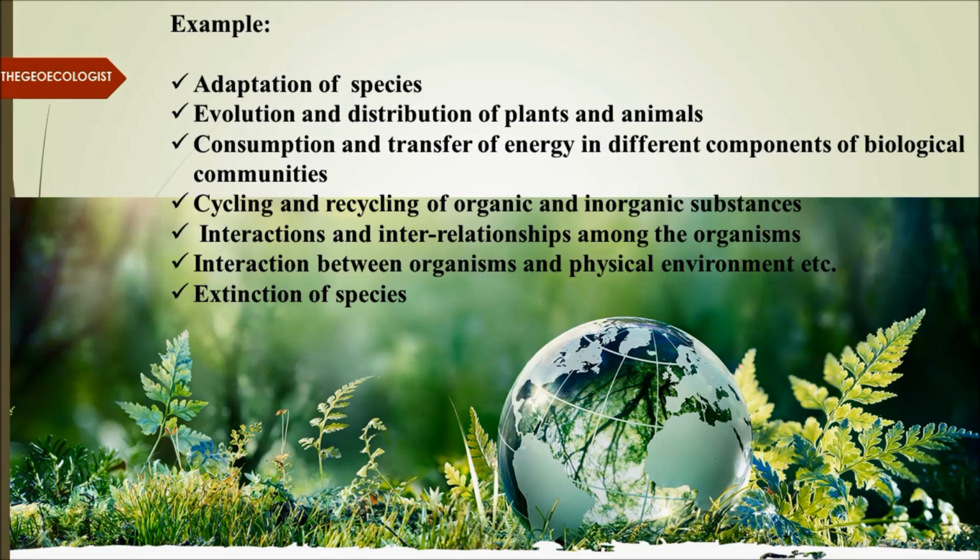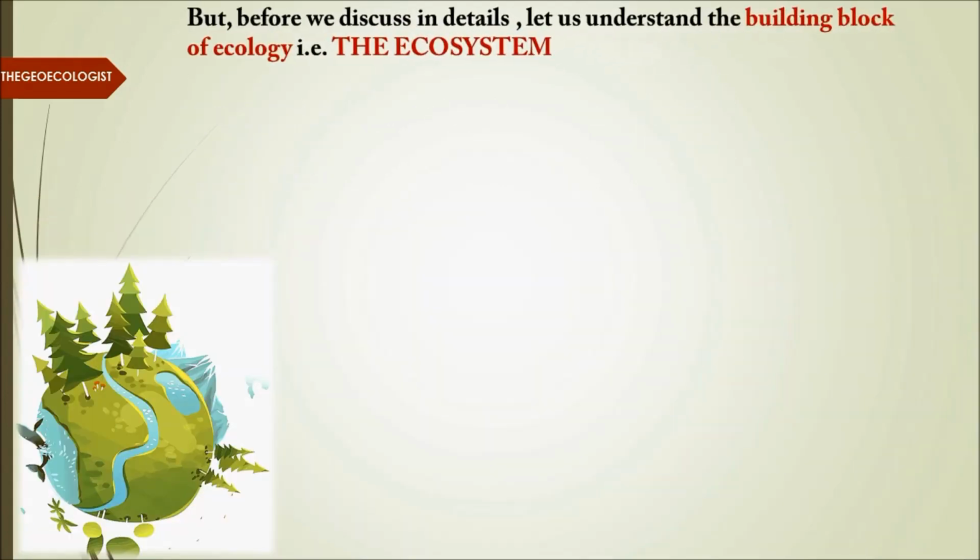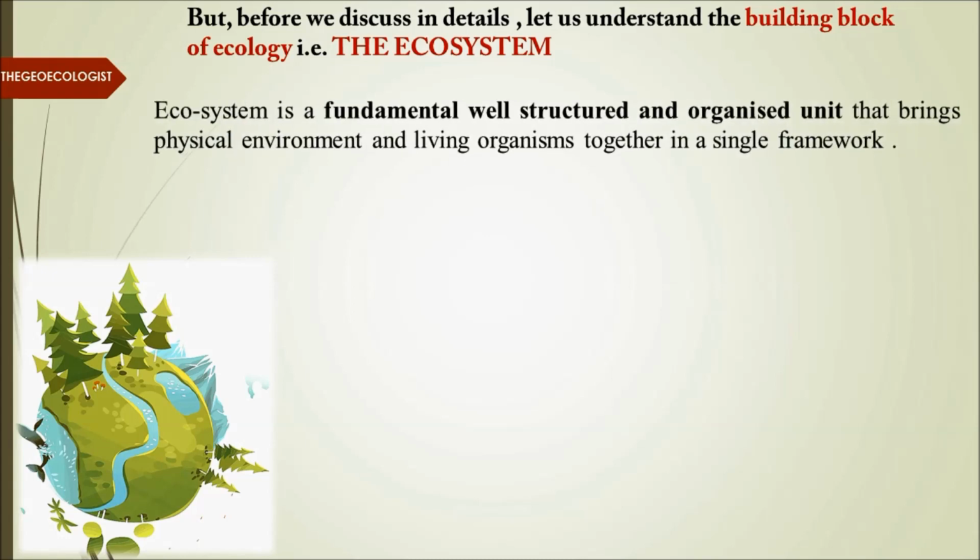So we'll discuss about 20 principles on which the entire ecological system is balanced and based. Let's go ahead. Number one: first we need to understand what the building block of ecology is. It is the ecosystem, a system of ecology, the building block of ecology. What happens in an ecosystem?